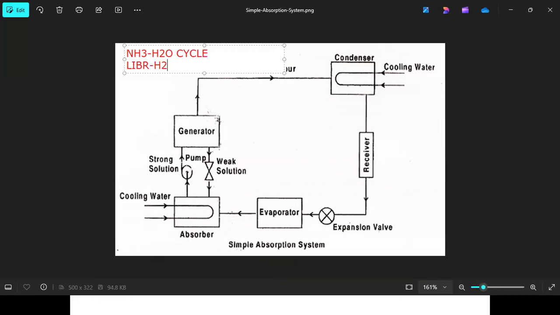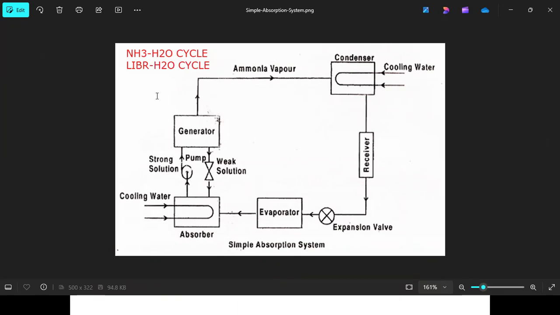These are the two different types of VAR cycle that we mostly use in industry. NH3 means ammonia and H2O means water. LiBr stands for lithium bromide and again H2O stands for water.